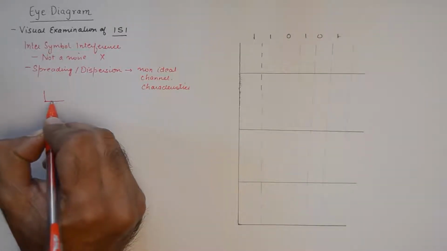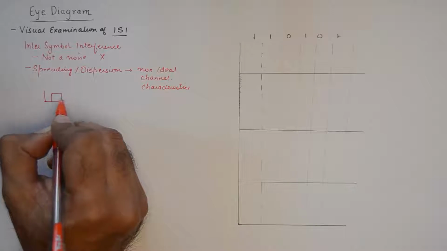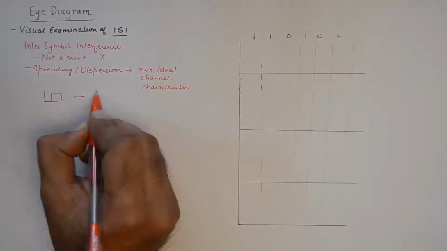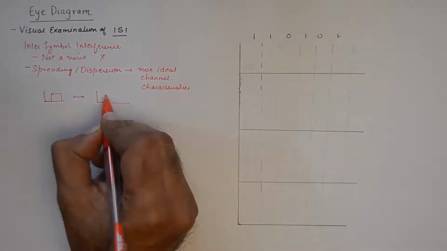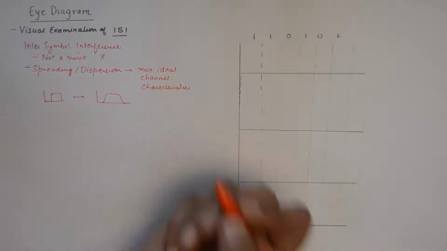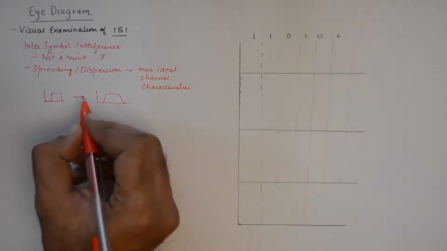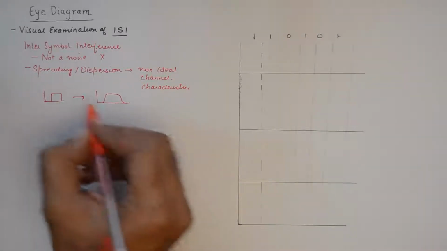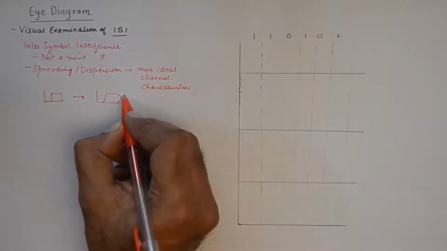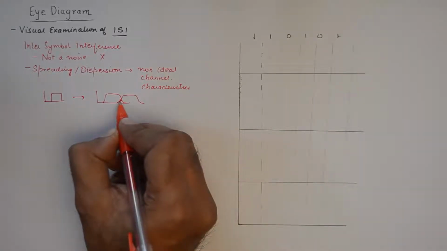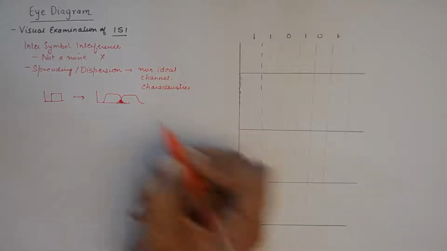If we are sending a pulse like this at the transmitter, it will eventually widen itself and be received like this at the receiver. And if two consecutive pulses are being sent, they are going to overlap with each other.